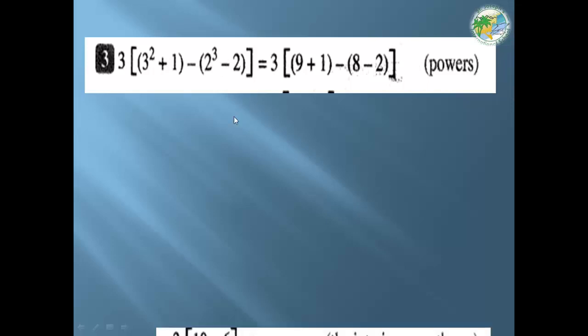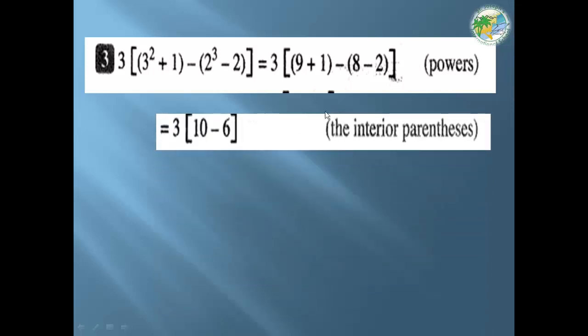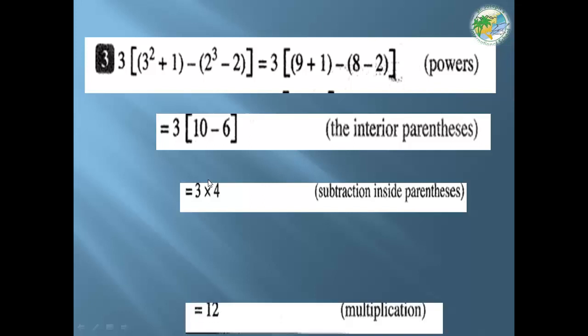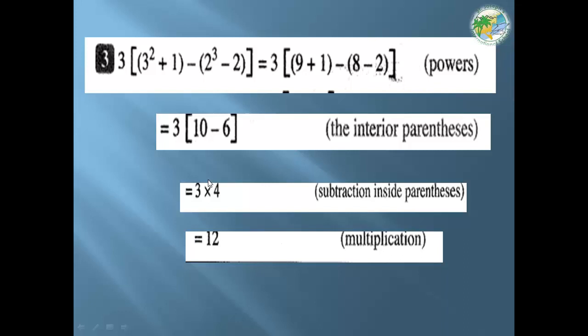Then solve the interior brackets: 9 plus 1, 10, minus 8 minus 2, 6. Then 3 times 10 minus 6. Then 3 times 4. Okay, equal 12, multiplications.